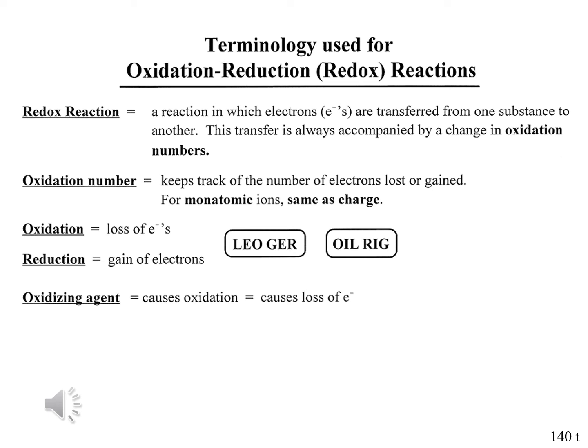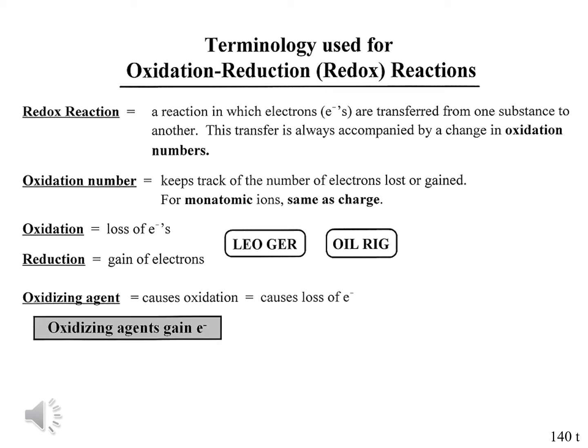An oxidizing agent is a substance that's going to cause oxidation. Now, if you cause oxidation, oxidation is loss. So you have to cause the loss of electrons on the part of something else. How do you cause something to lose electrons? You take them. That's the reason why oxidizing agents are the gainers.